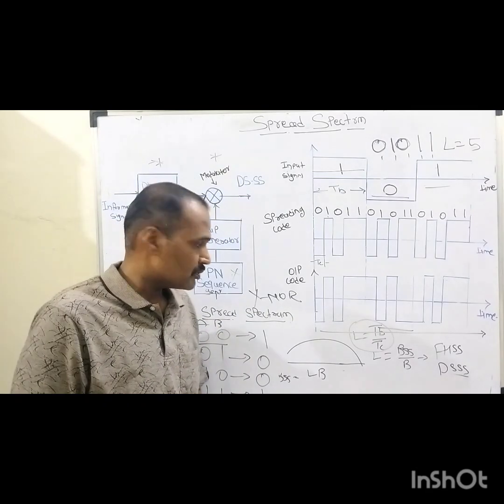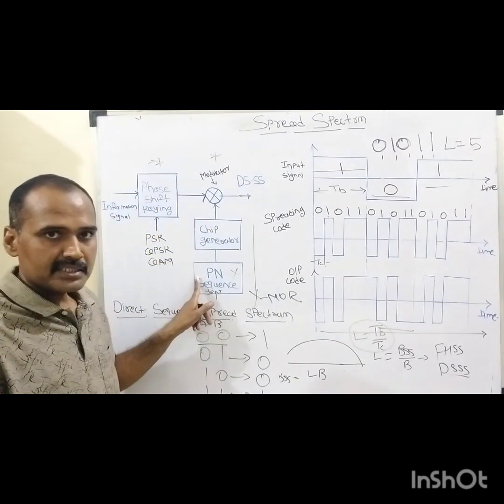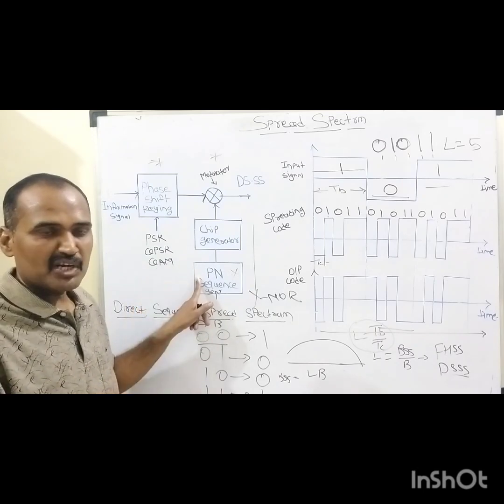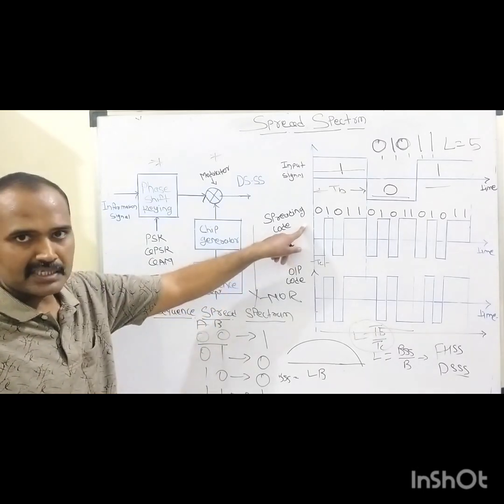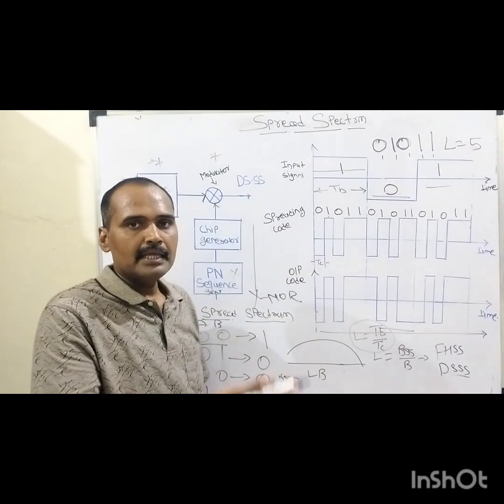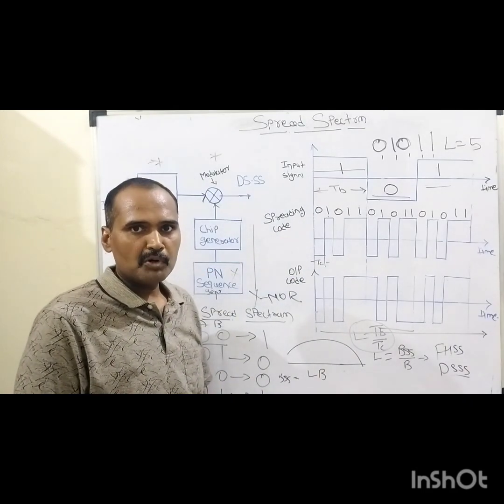For that despreading process, the same PN sequence is adopted by the demodulator. Here the PN sequence is 0, 1, 0 followed by 1, 1. So in this way, there will be the process of demodulation.